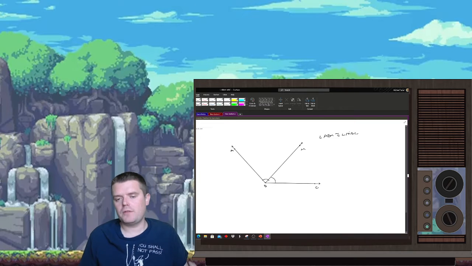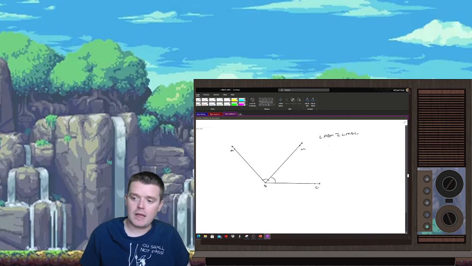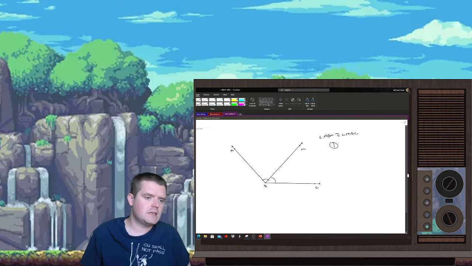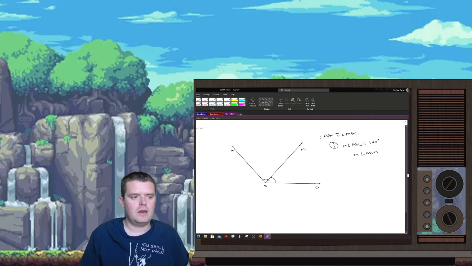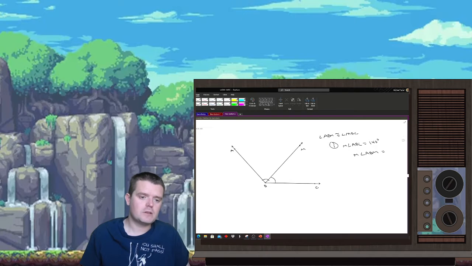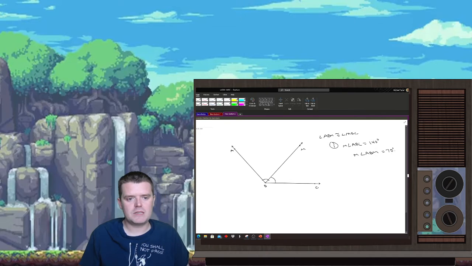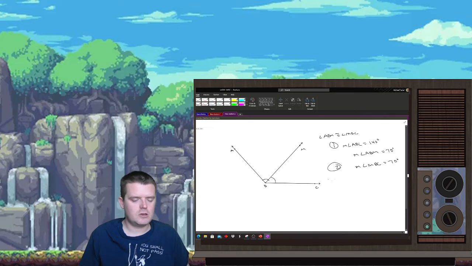So there's a couple of types of questions I could ask you based on angle bisectors then. For instance, if I say that the measure of angle ABC is 140 degrees, I could ask you, what's the measure of angle ABM? Now, if BM is given as the bisector, that means it's cutting into two equal parts. Therefore, ABM would be 70 degrees. Similarly, if I asked you for the measure of angle MBC, half of that would be 70 degrees.